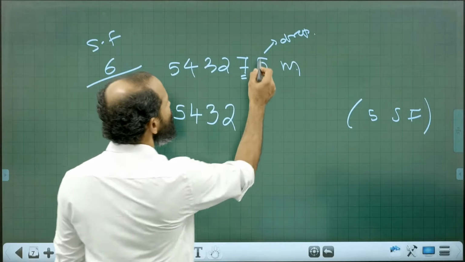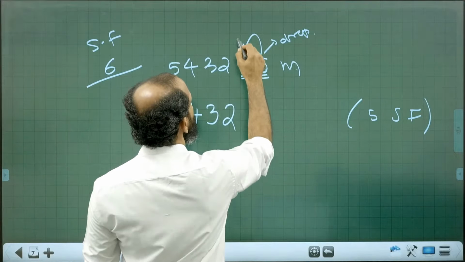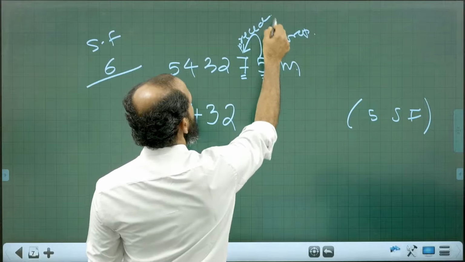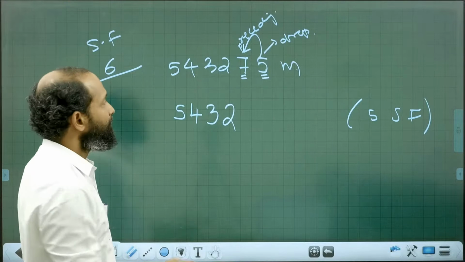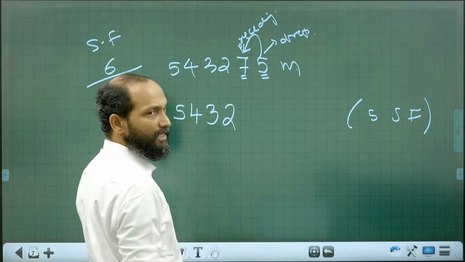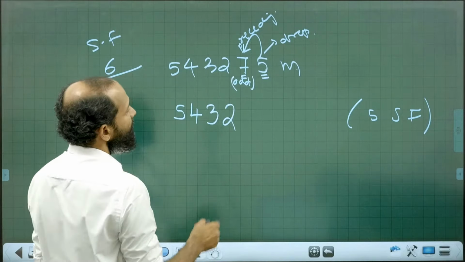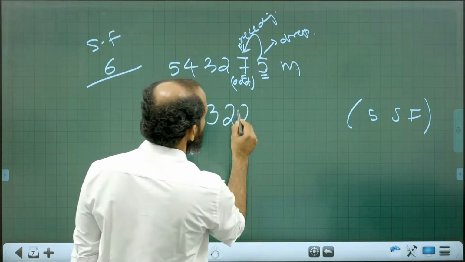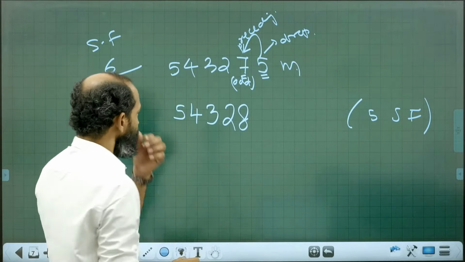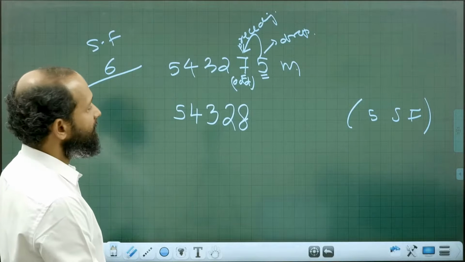Then you have to see the preceding digit, and whether that preceding digit is odd or even. That is odd. As the preceding digit is odd, you raise it by 1, so 8. So 5, 4, 3, 2, 8.